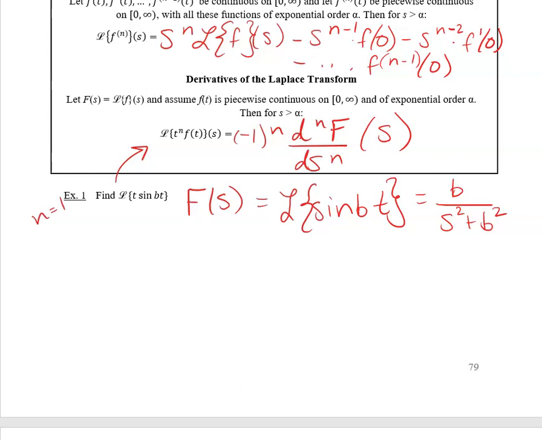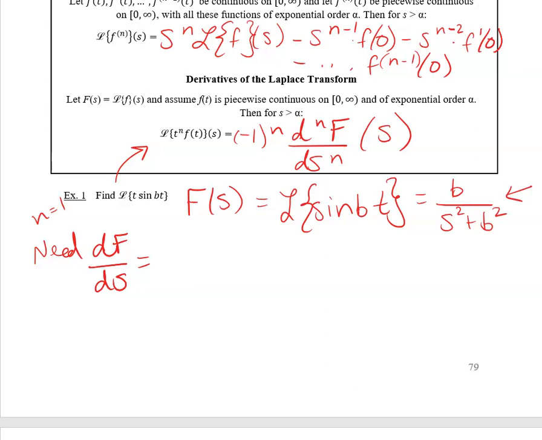So if I want to find that Laplace transform, according to this property I need to find the first derivative. So I need dF/ds, which would be the derivative of this Laplace transform right here with respect to s.